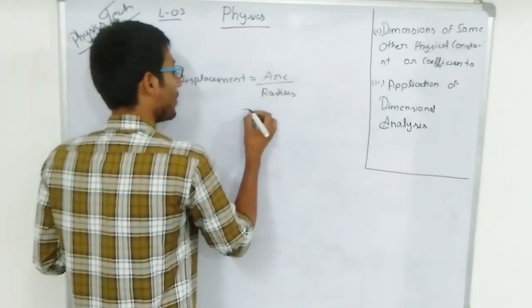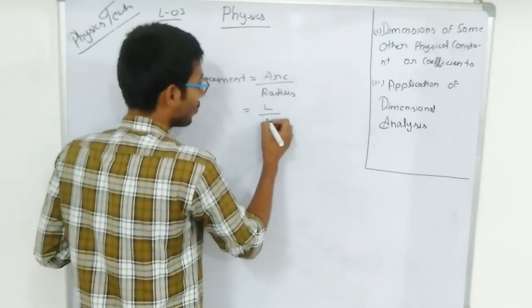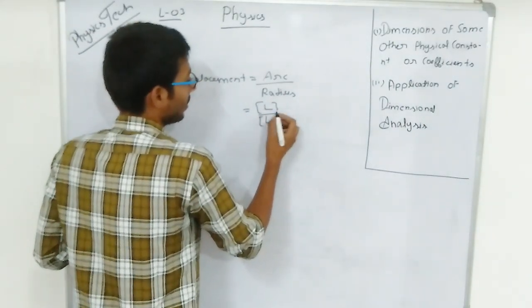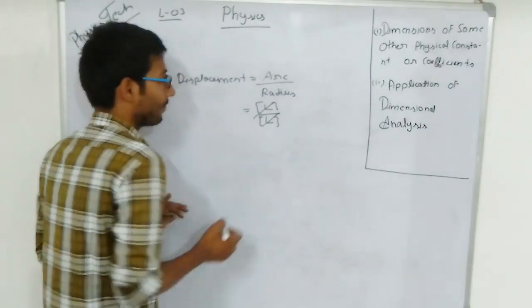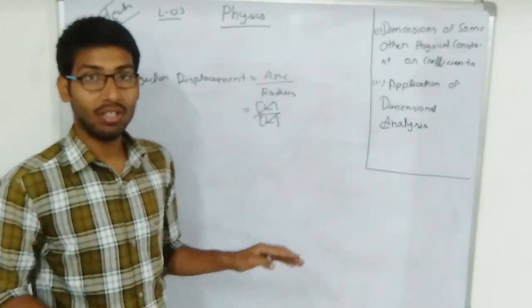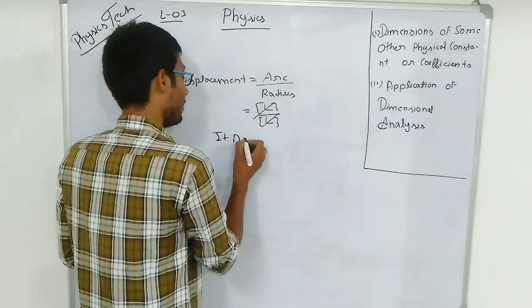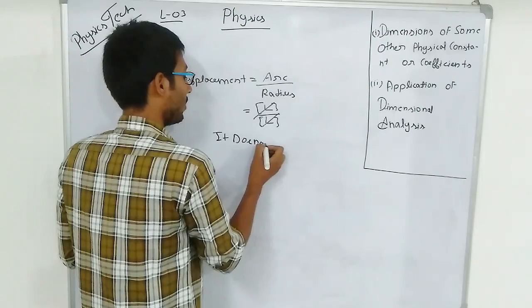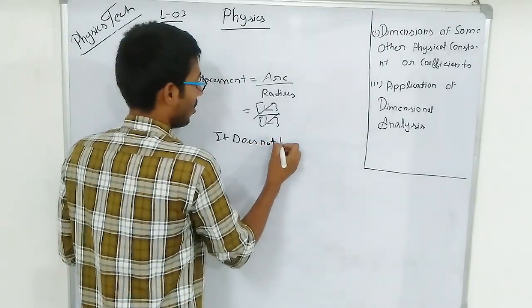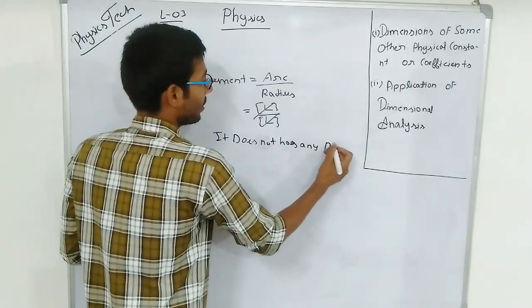So the dimension of the arc is capital L upon the dimension of the radius, which is also capital L. So it does not have any dimension.